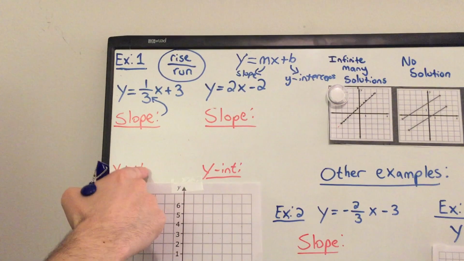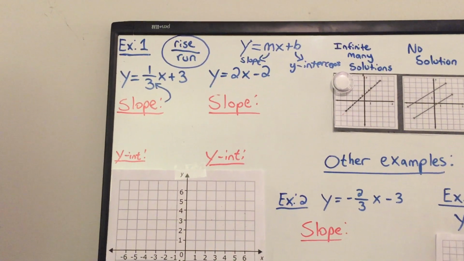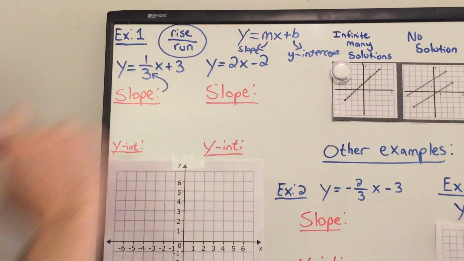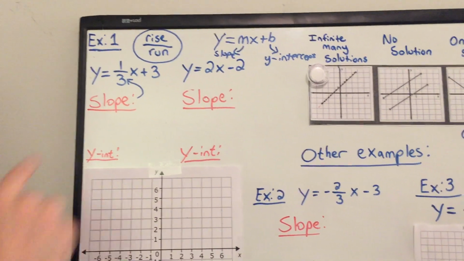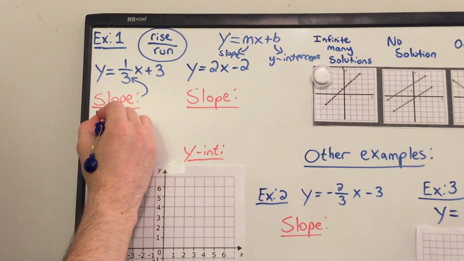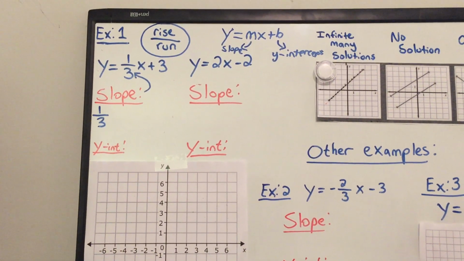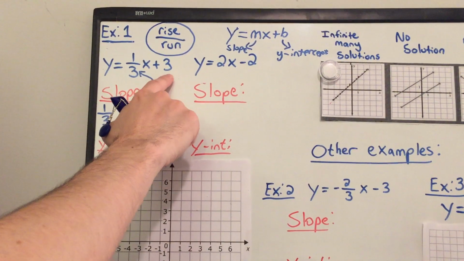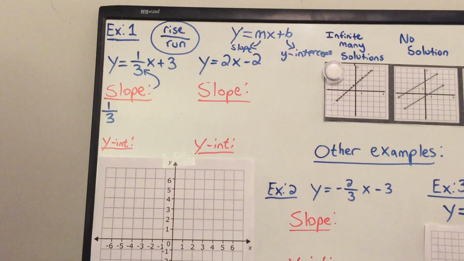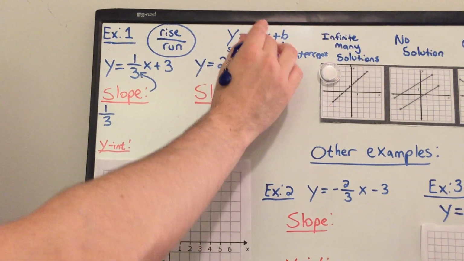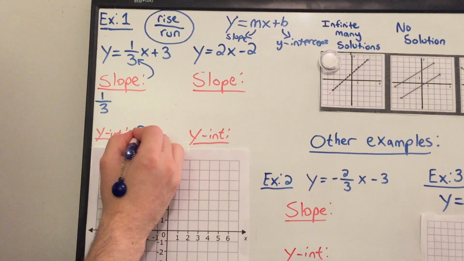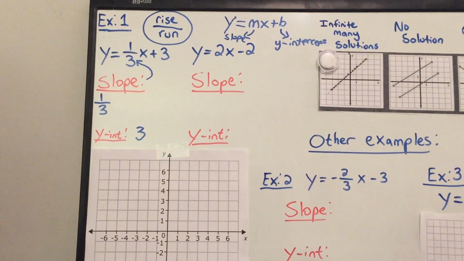So when I come down here for my slope and my y-intercept, all I'm going to look at is what number is in front of x, or the coefficient of x, and that would be 1/3. So I'm just going to write 1/3 here. That would be what we would call the slope. The y-intercept would be my constant, or the number by itself without x, or to the side of x, and that would be +3. Okay?